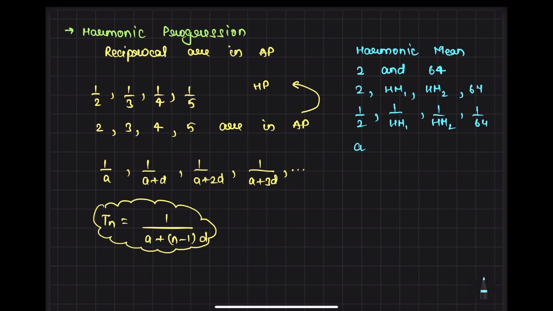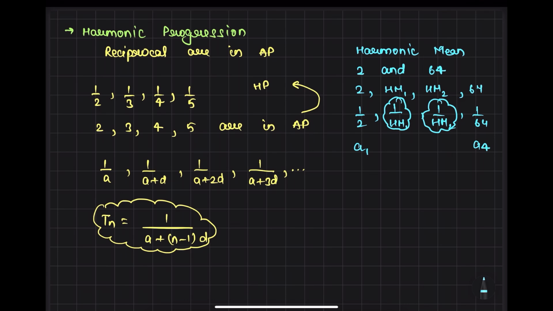This will behave as A1 and this will behave as A4 of an AP. Now you find the common difference D, and then solve to get the required result.